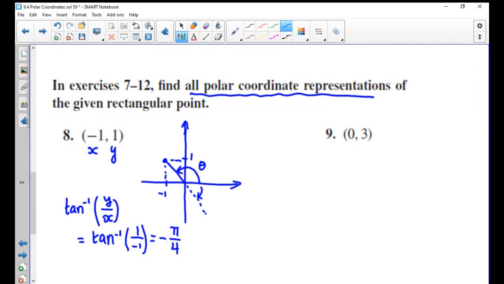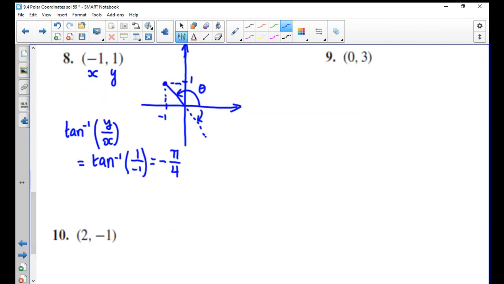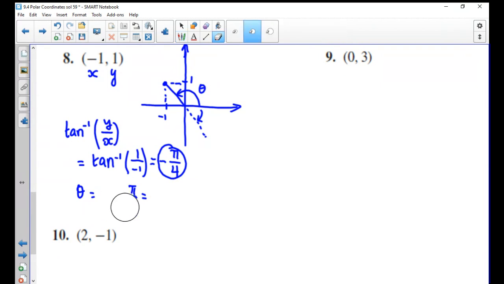But to get the theta, you need to add a pi to this. So theta is really pi minus pi over 4. You basically take this angle and add pi to it because of where the point is.